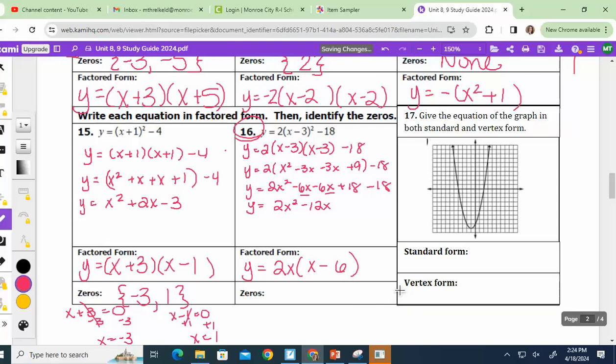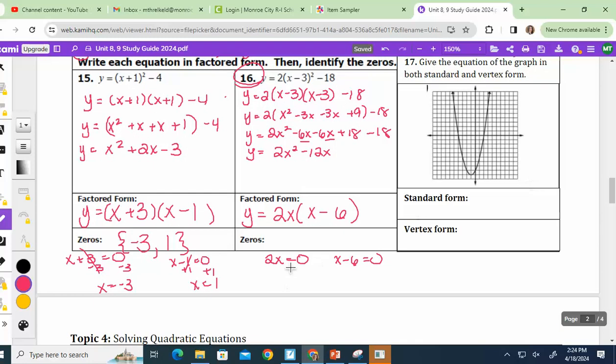Okay. Zeros. How do we find the zeros when it's in factored form? You set each one of those equal to 0. So 2x equals 0, or x minus 6 equals 0. Divide by 2, so that gives us x equals 0. Add my 6, x equals 6.